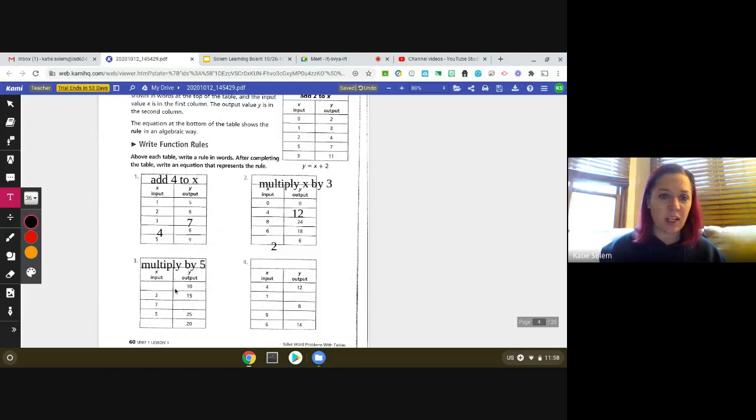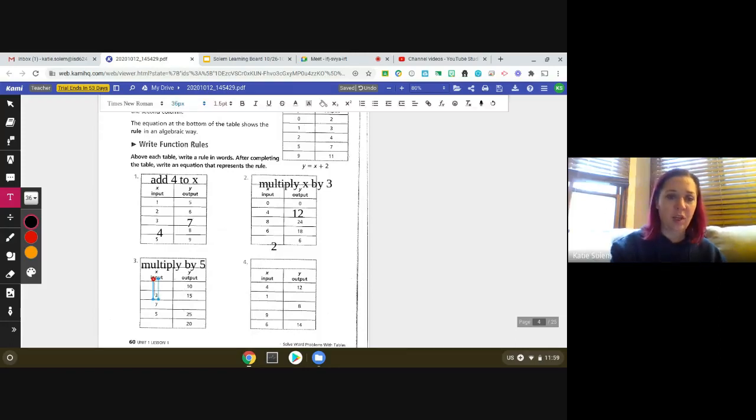So what number times 5 would equal 10? Did you get 2? You are correct. What about 7 times 5? 7 times 5 is 35. And the last one, what number times 5 would equal 20? Well, 5, 10, 15, 20. There's 4 5s in that number.